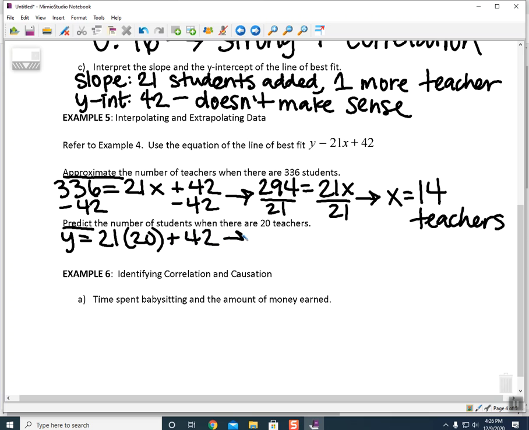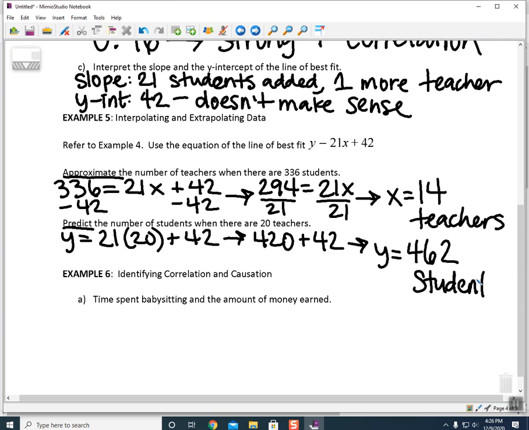So then I would just multiply these out. 21 times 20 is 420 plus 42. So that means that y would need to equal 462. Oh, wait, hold on. Yeah, 462 students.